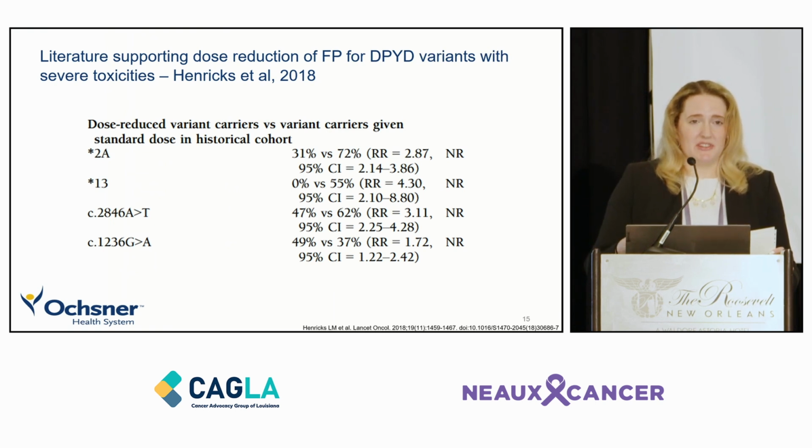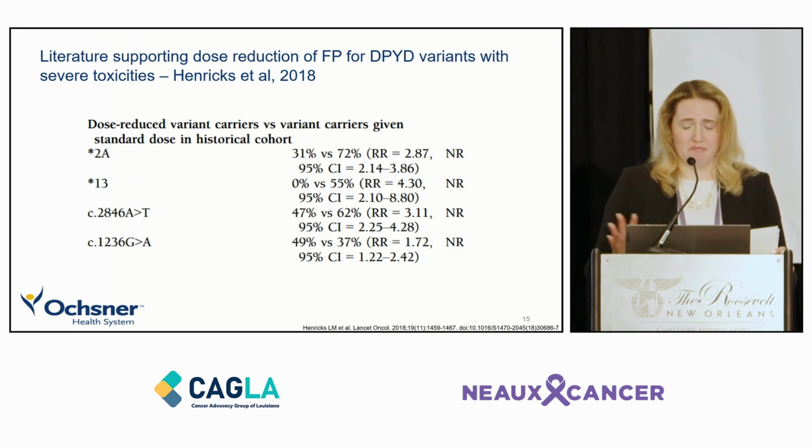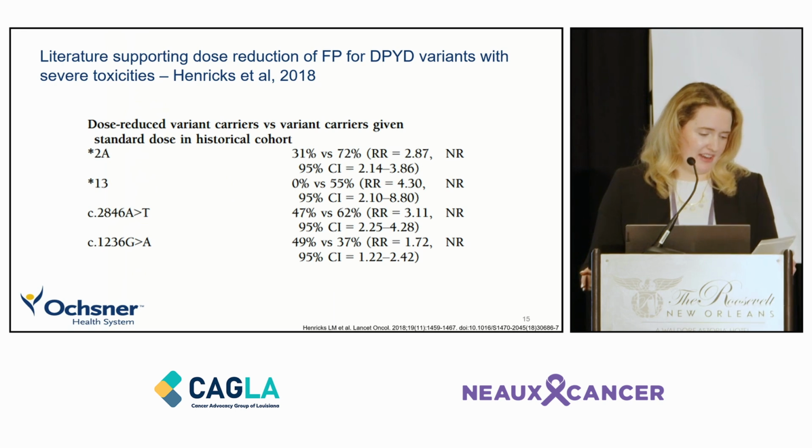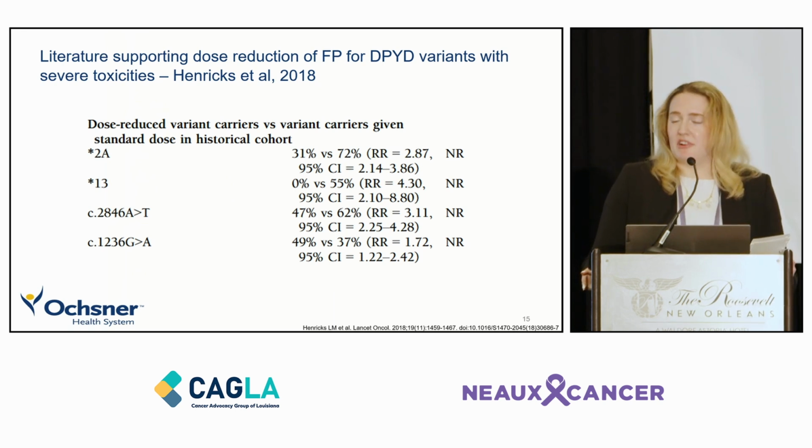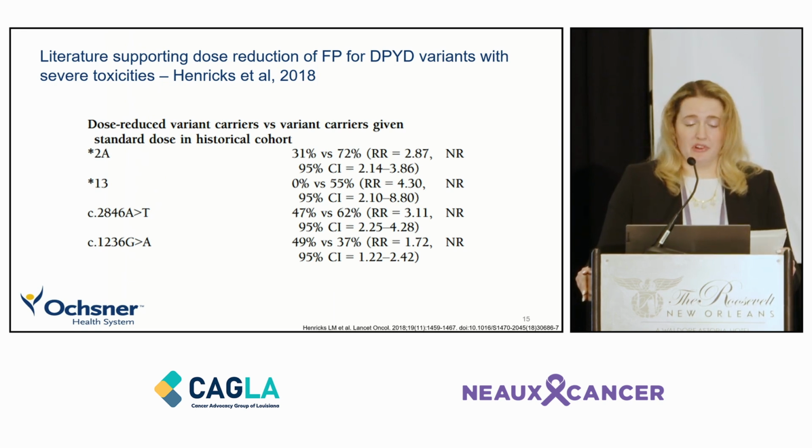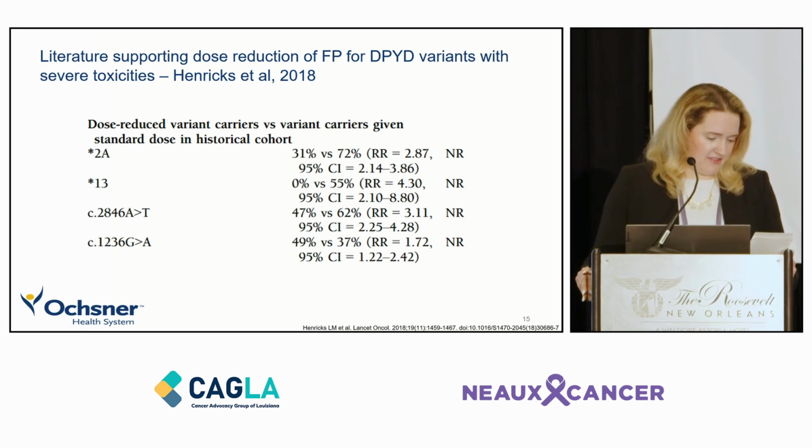This is likely because these patients needed a bigger dose reduction. 25% likely wasn't enough to fully prevent the toxicities from occurring. We'll talk about this more in our upcoming studies, but really one of the hallmarks when we talk about DPD dosing is what is the best upfront dose reduction and when are we going to increase the dose for efficacy and toxicity?